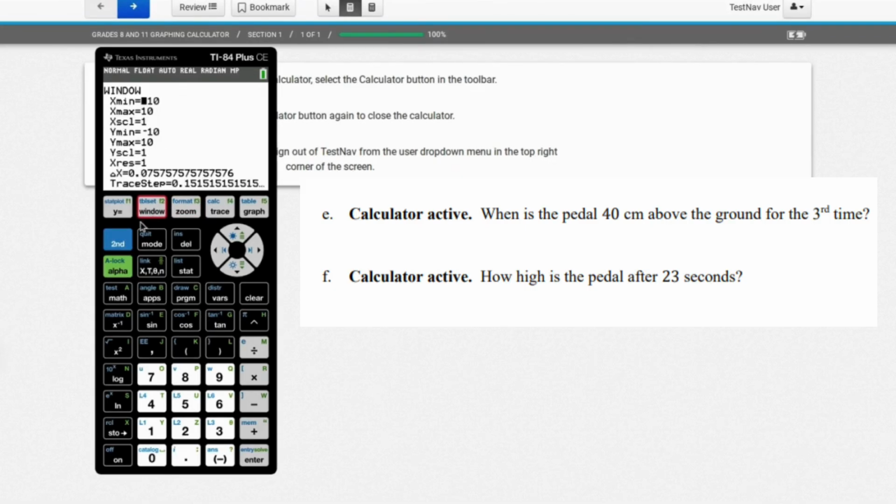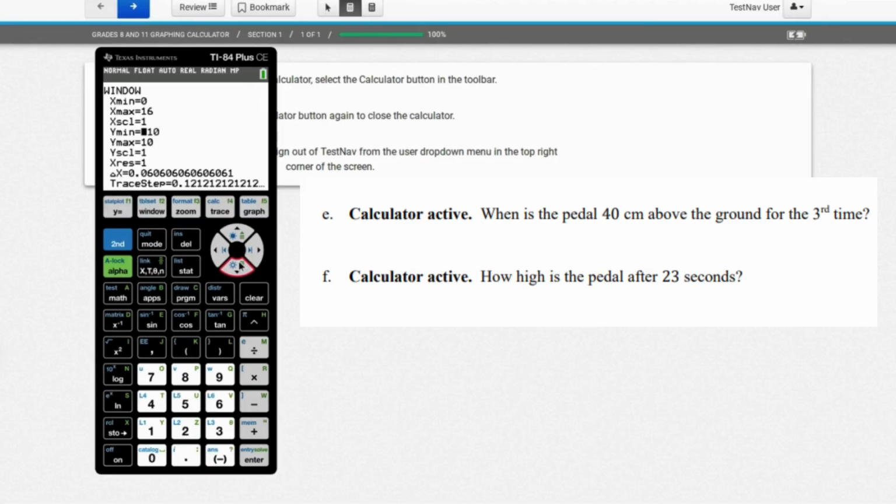So if we just remember, well, let's do this. Let's zoom trig. And what that does is that gives us pi's. Although I don't want the pi's because these are normal numbers. I'm just talking out my butt. Let's just make our own window. Our x-min, since this is a real life object, will start at 0. The graph that we drew is 16. So why don't we make it to 16?